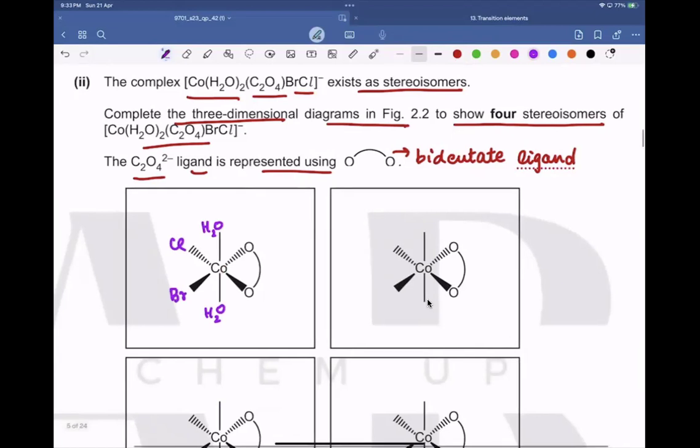Now, in the other one, I put both the water ligands at 90 degrees, and then put these 2 over here. Is this understandable?